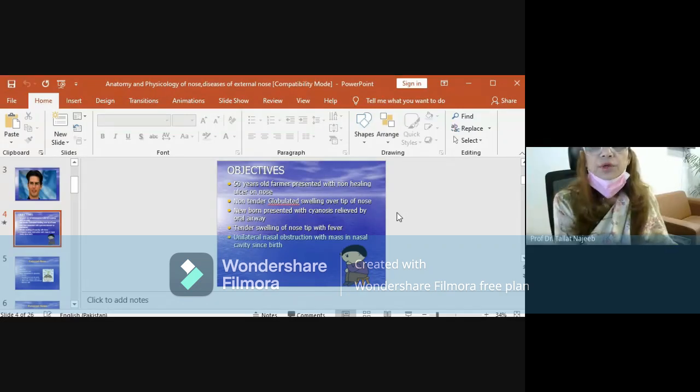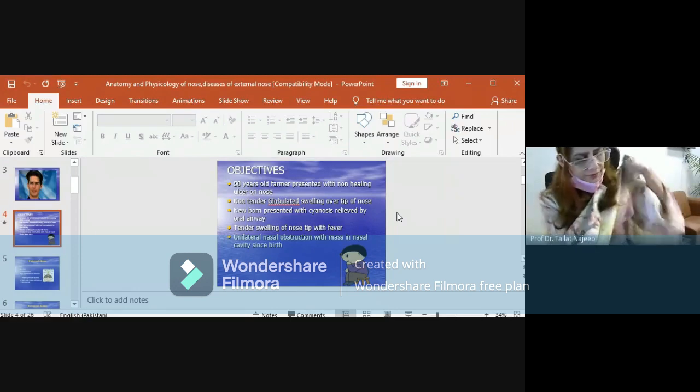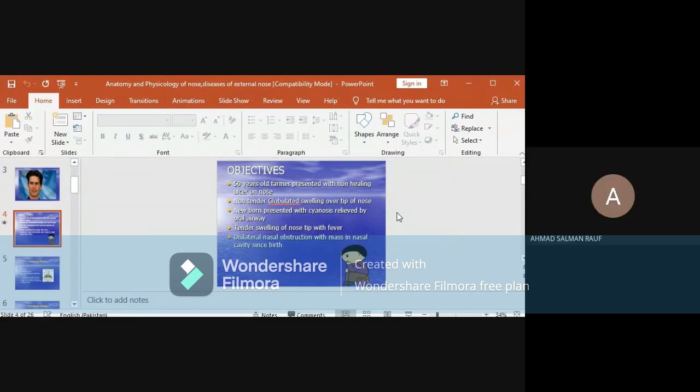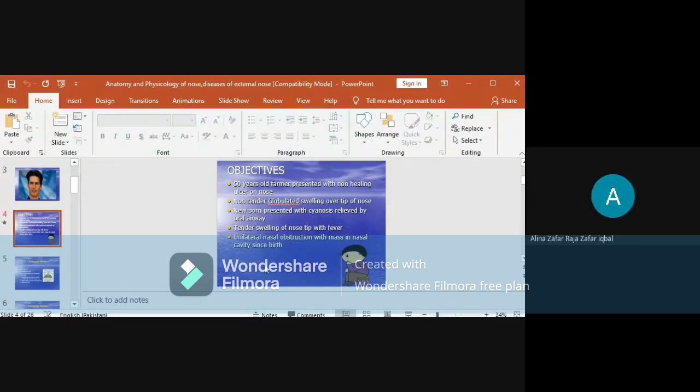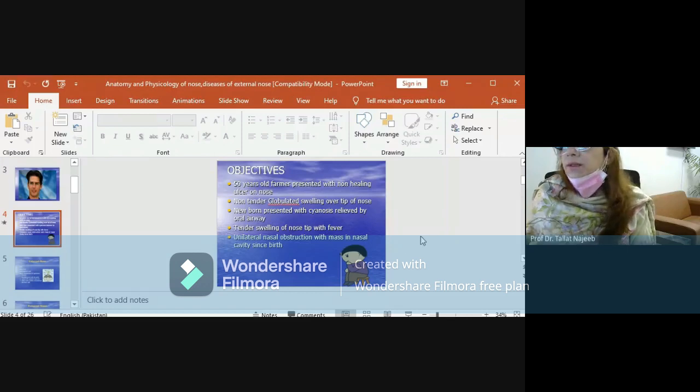Tender swelling of tip of nose with fever. Ma'am, boil. Nasal obstruction with mass in the nasal cavity since birth. Unilateral nasal mass, a unilateral congenital nasal mass, can be glioma, meningocele, meningoencephalocele, because it is present since birth. Okay.